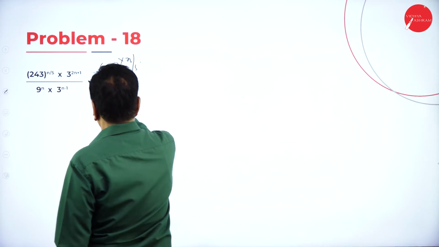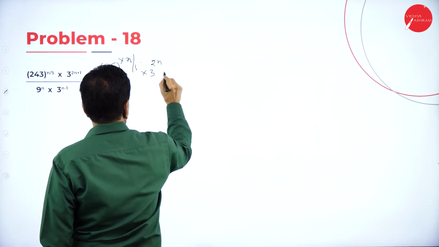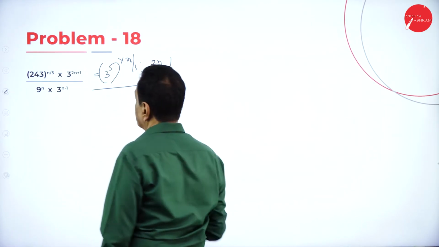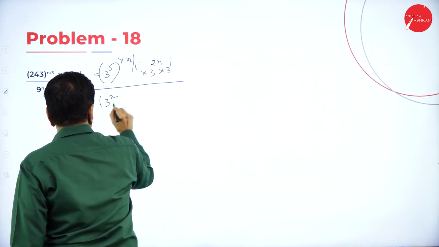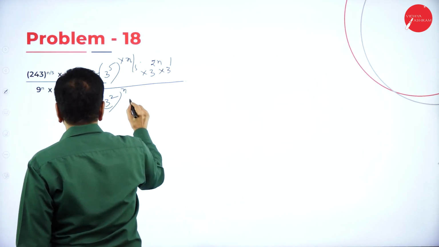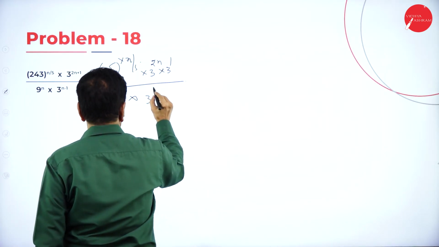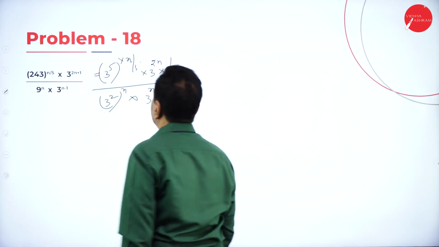We can write 3 to the power of 2n into 3 to the power of 1 divided by, this can be written as 3 squared to the power of n. This can be written as 3 to the power of n into 3 to the power of minus 1.